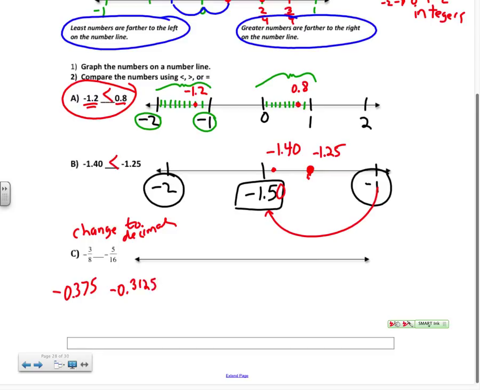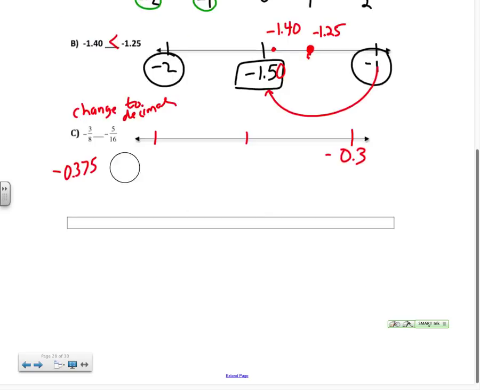All right, so where am I going to line these up? I am going to have two numbers, one at each end and then one in the middle. These numbers are going to fall between negative 0.3 and negative 0.4.